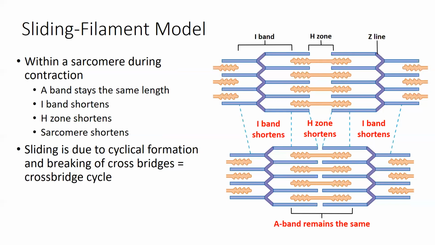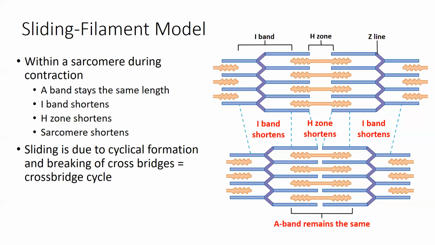So the A band, the area of overlap, is going to remain the same. So the I band shortens, that's your thin filaments. The H zone shortens, that's your thick filaments. And the A band, which is the area of overlap, will remain the same.